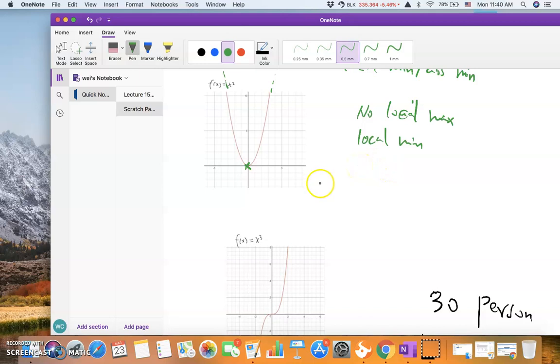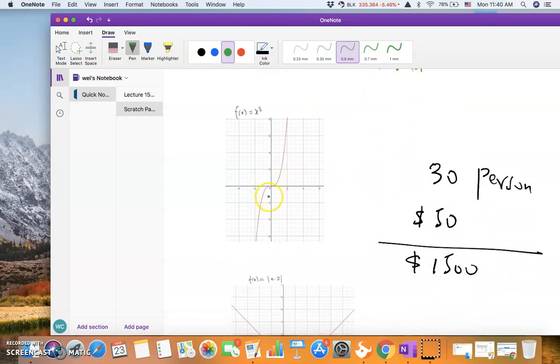And it's the same. There is no absolute maximum, but there is an absolute minimum.